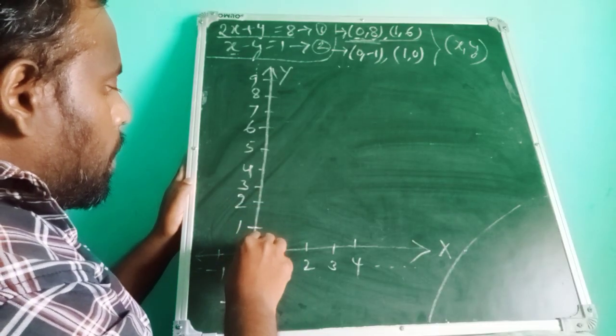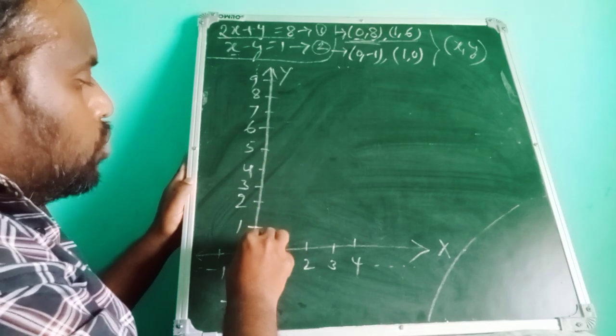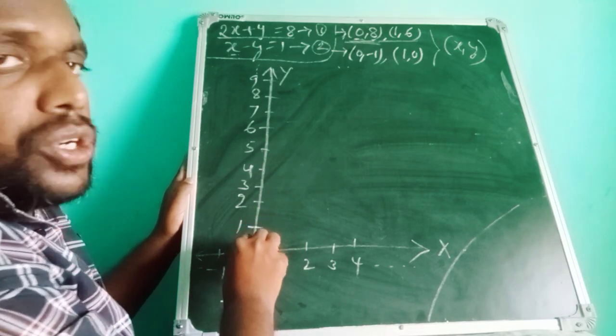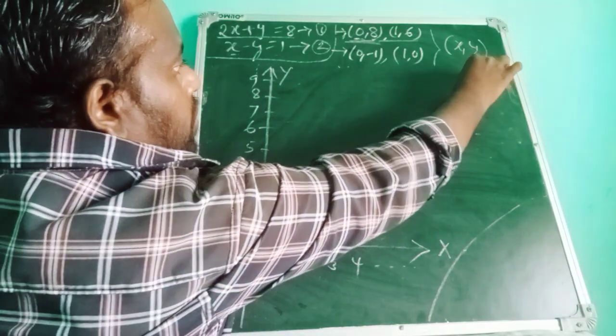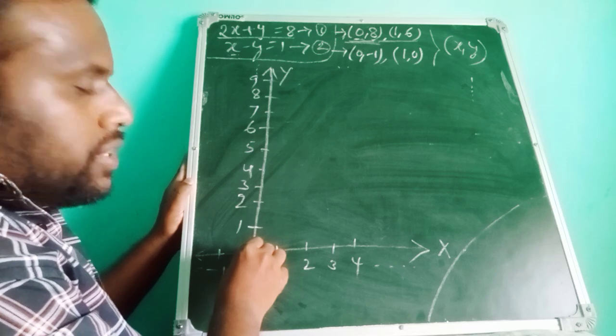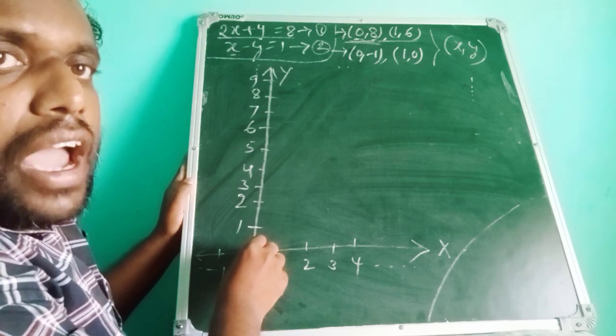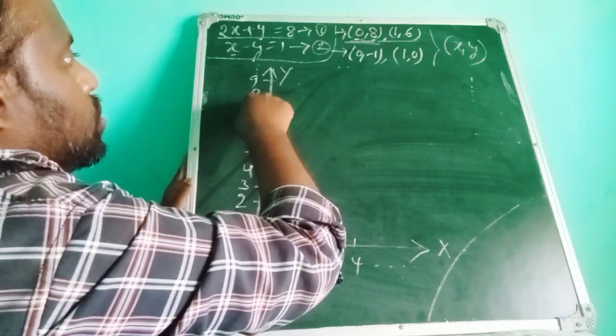From 0 you have to draw a dotted line like this. Dotted line means like this, from 0 till where? Till the value 8 on the y-axis, because y is equal to 8.